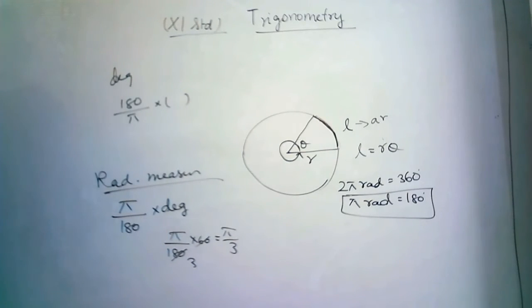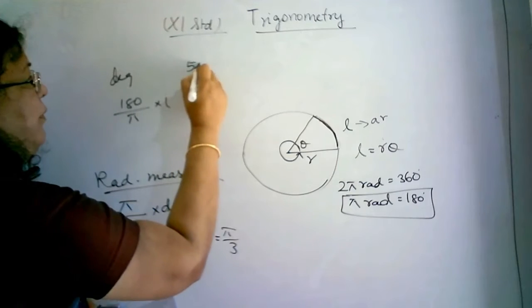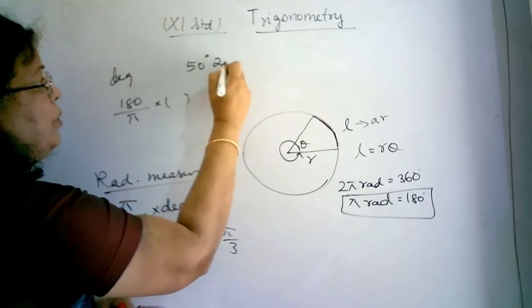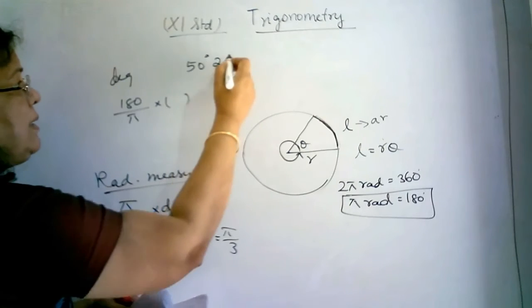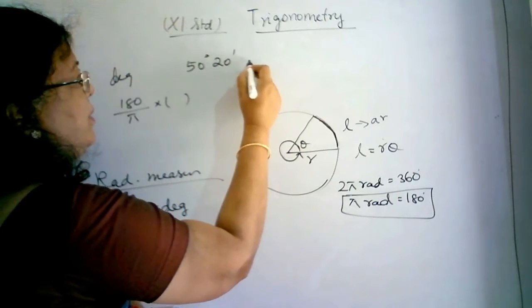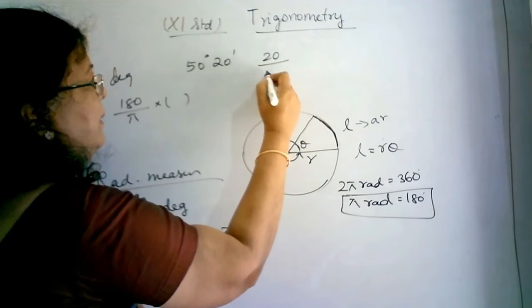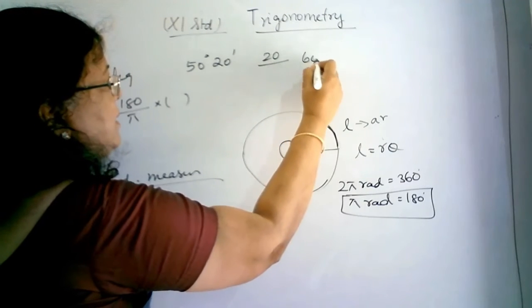For example, say they are asking 50 degrees and 20 seconds.